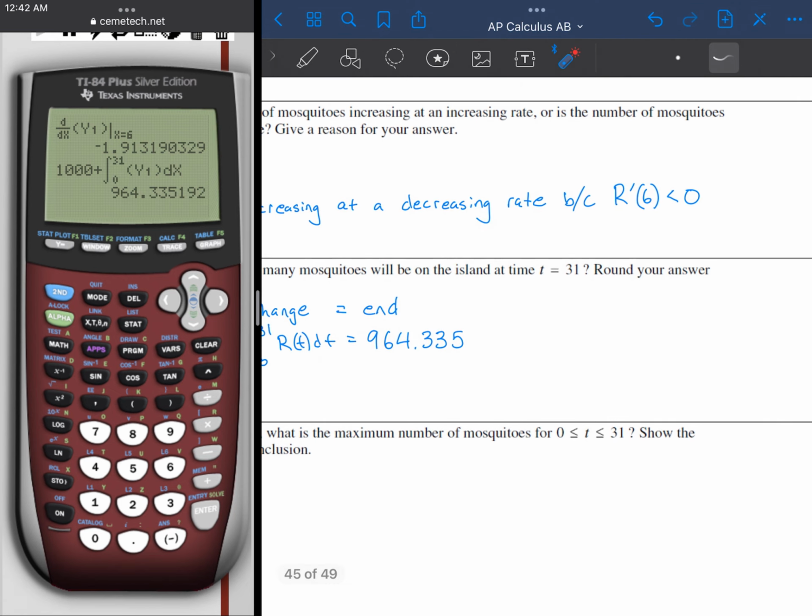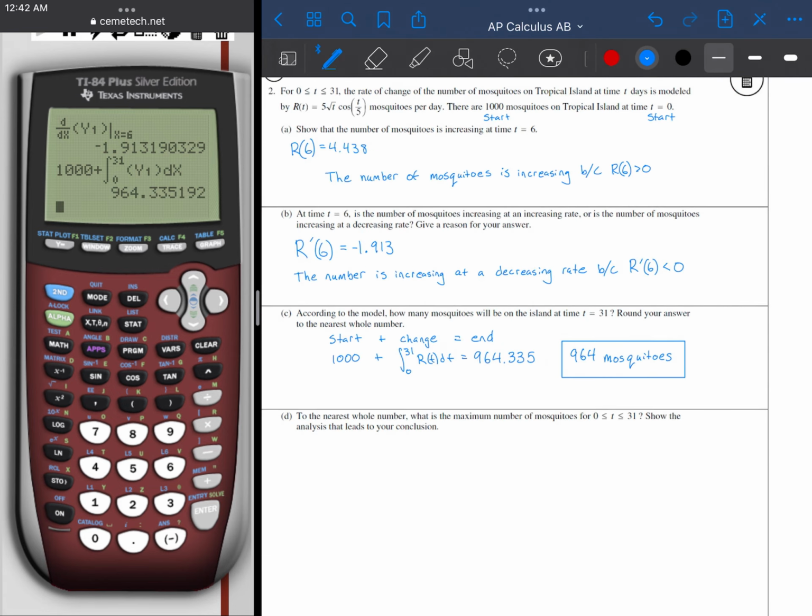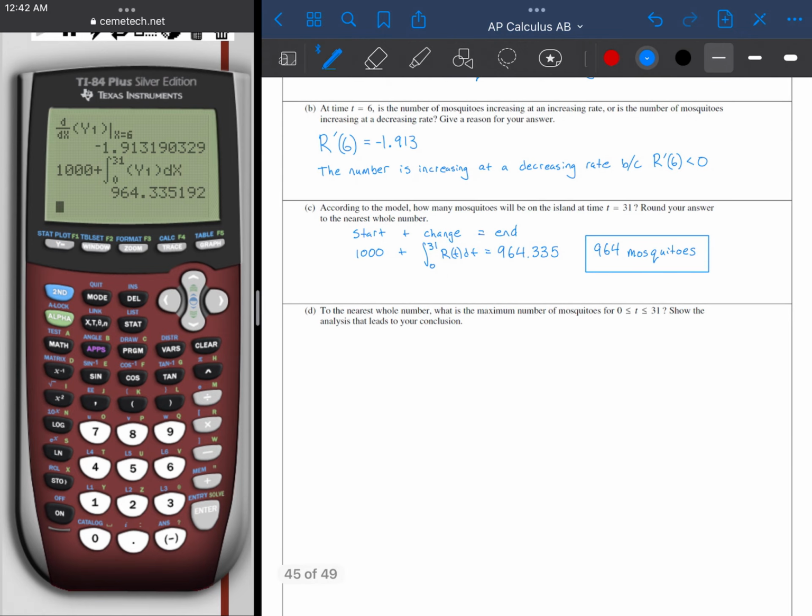So if this number is a 5 or greater, then round it up, but it's less than 5, so round down to 964. So the answer here is going to be 964 mosquitoes. And I probably should box that so people don't mistakenly think this person might have meant 964.335. No, pay no attention to that. We know we're supposed to round.